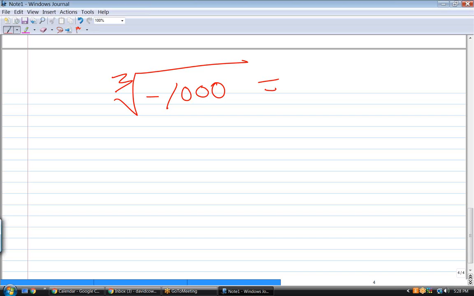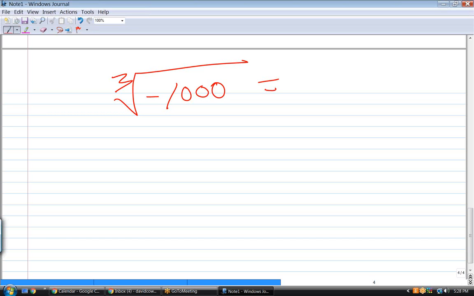And you know when they say you can't use a calculator that it must be a whole number, right? It's not going to end up being an irrational number because you would have to have a calculator to give them that answer.